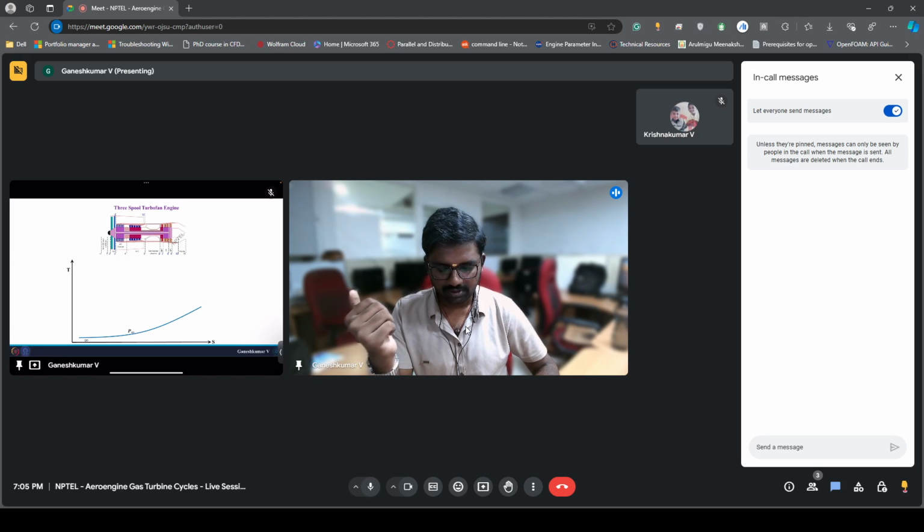So let's just quickly take a look at the TS diagram. Initially, from infinity to 2 there is a pressure rise from P infinity to P02 because of the intake, and then from 2 to 3 you have the fan, where there is again a pressure rise and temperature rise, and from 3 to 4 this enters into the core stream.